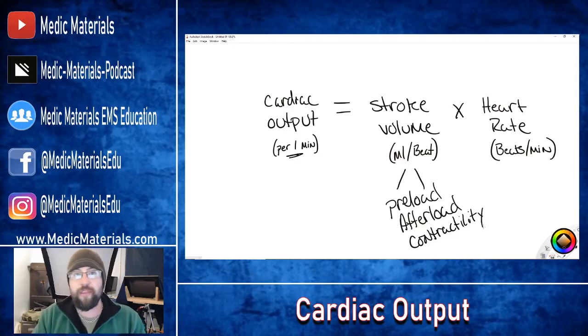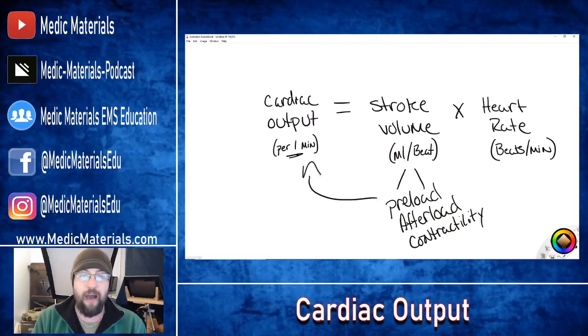Those three things are going to manipulate the stroke volume, which in turn will make the heart rate go up or down depending on what these factors are doing to the stroke volume, and in turn we will get our cardiac output per 1 minute. Now let's break this all down and actually see what it's doing inside the heart.